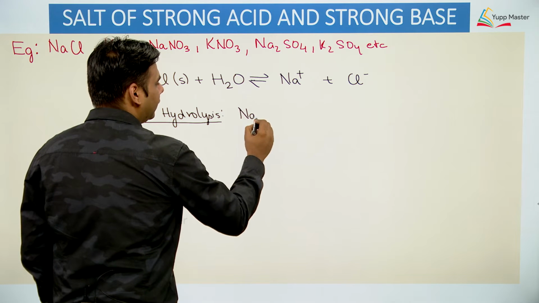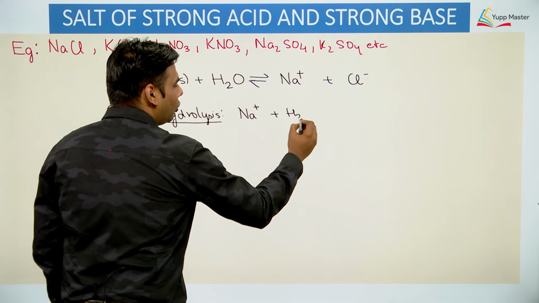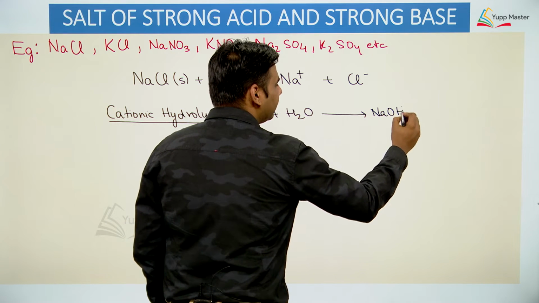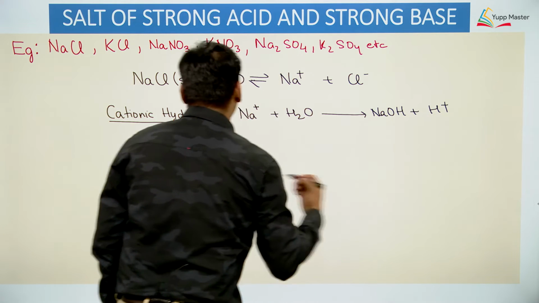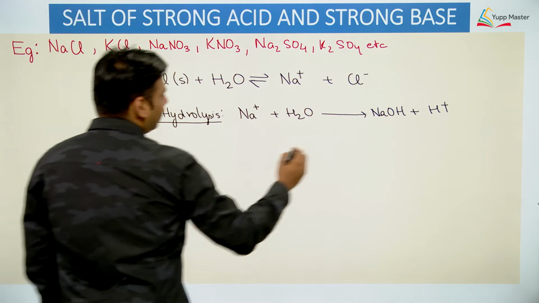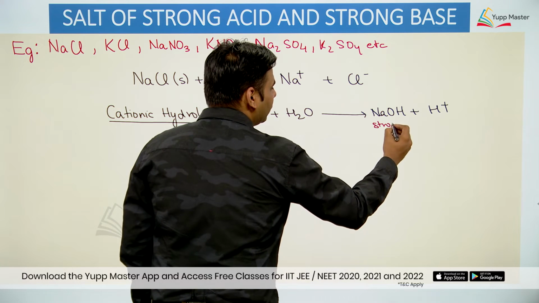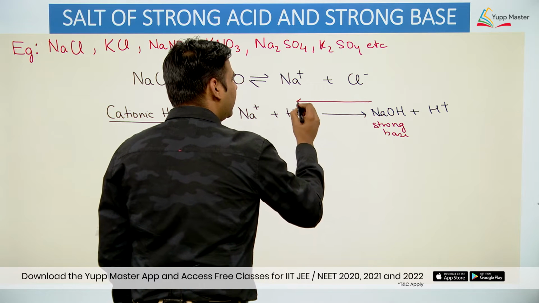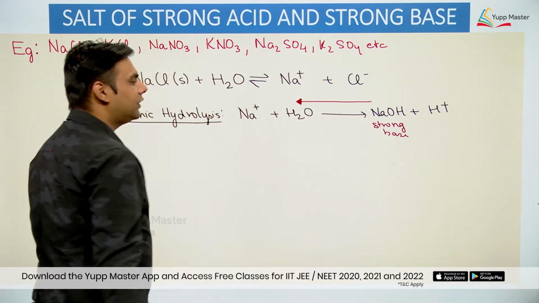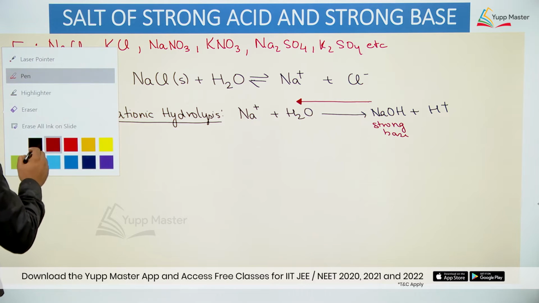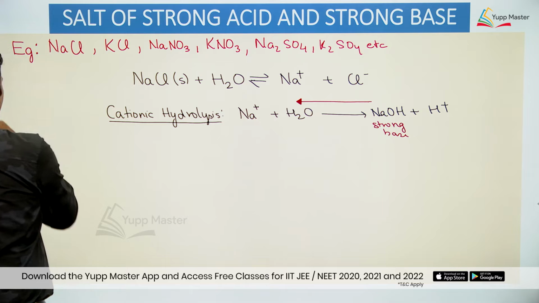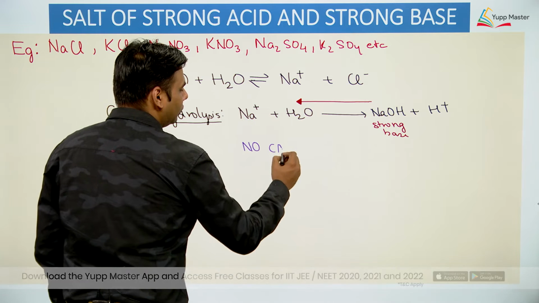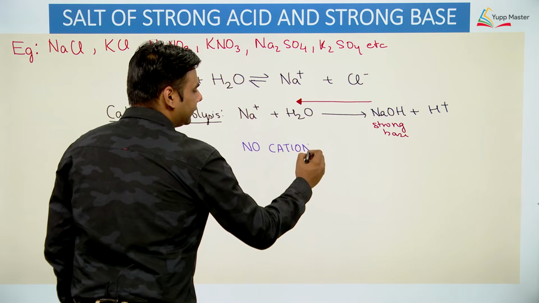Na plus would react with water, it would attract OH negative of water towards itself, forming NaOH plus H plus ion. Now because this is a strong base, we know that strong base will again dissociate back, so this reaction would go to the backward direction. So this reaction won't happen in the forward direction. So we would say in this case that no cationic hydrolysis is taking place. So there is no cationic hydrolysis.